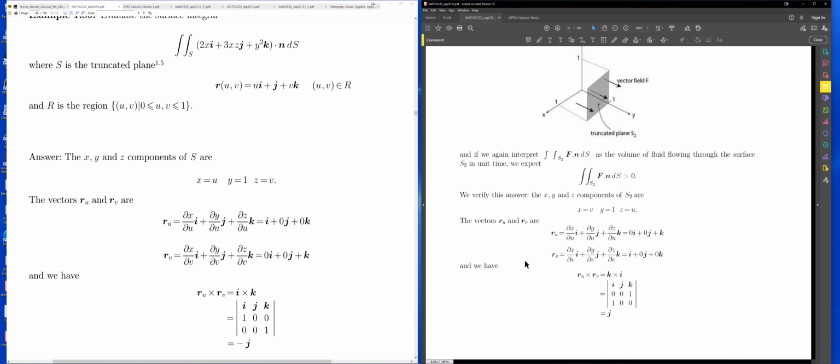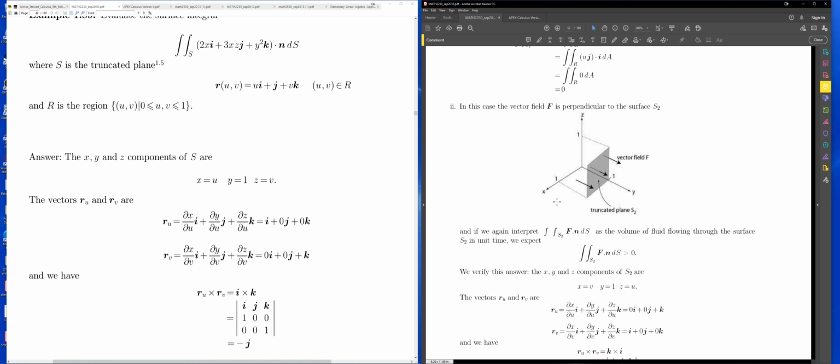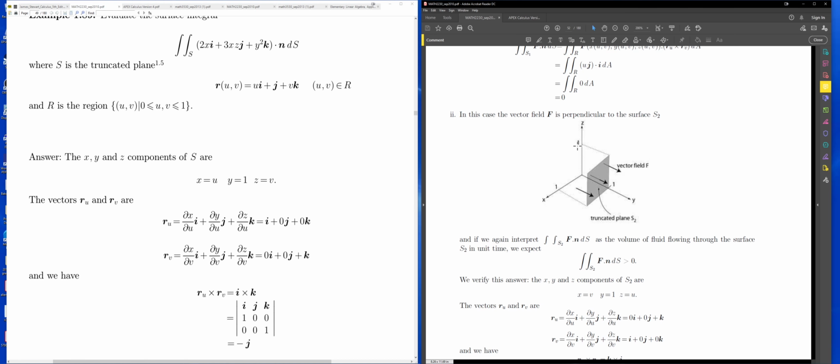So that's one thing to note: you can have parametric surfaces where the u and v are specifying the same surface, but because of the order of the variables of the u and v, the orientation can change. And that is what happens here. But let's just go ahead and work out the surface integral over S2, and we'll see what the answer is.